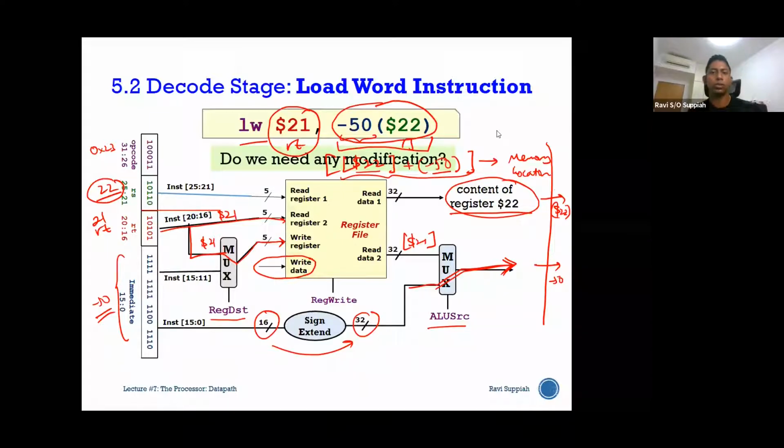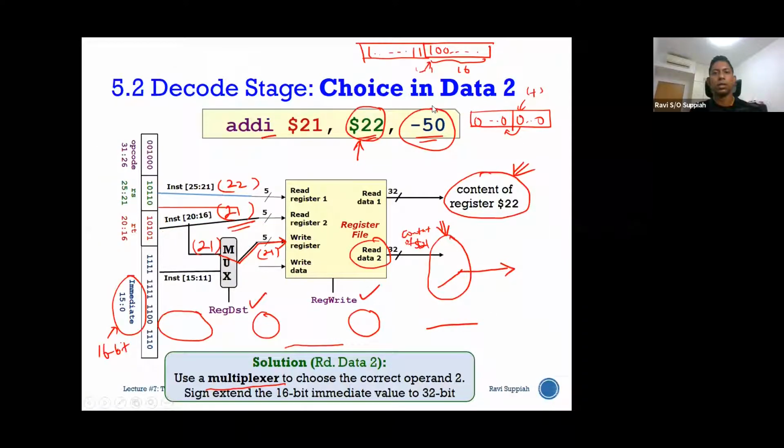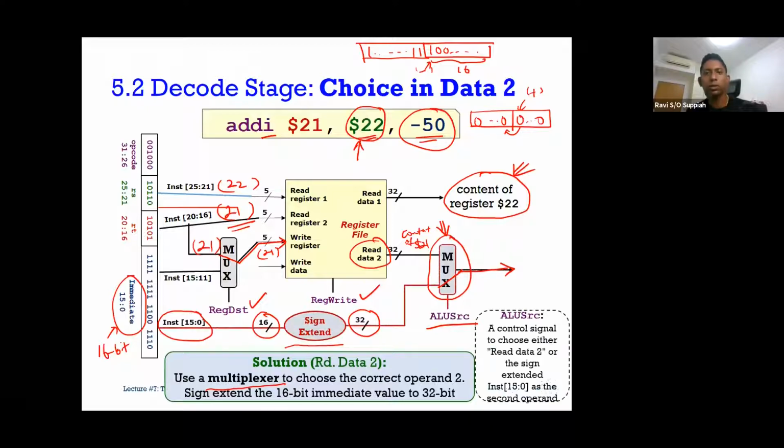When I finish this instruction, register 21 will have a new value, which will be the data I fetched from memory. If I look back at the earlier instruction, register 21 will also have a new value, but that new value would be based on the addition operation between the content of register 22 and the negative 50 immediate value, and that result will be stored back in register 21.